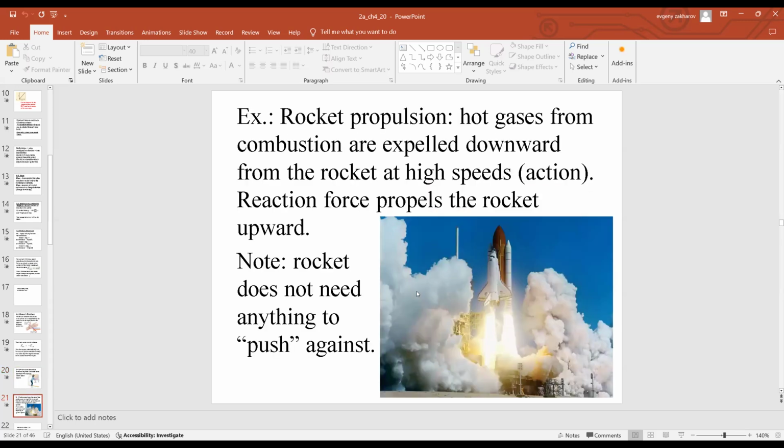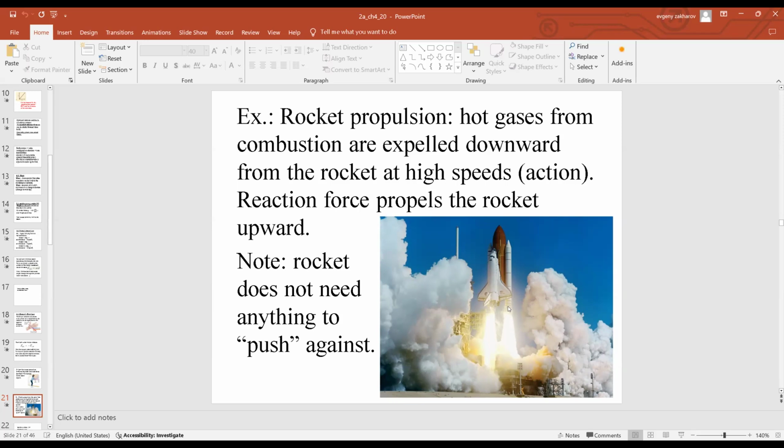For a rocket going upward, why does the rocket go up? Well, the rocket goes up because something's going down. What is going down? Well, you can see on the diagram, expelled gases, expelled fuel that you burn in the chamber, all those gases go down.